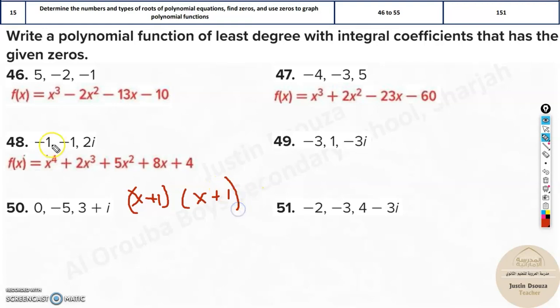Again, x plus 1. And then what about this? It is x is equal to 2i. Bring it inside, it's going to be minus 2i. Let me just write it. So one of the roots will be x minus 2i. And remember, they are always conjugate, so you should have x plus 2i as well.